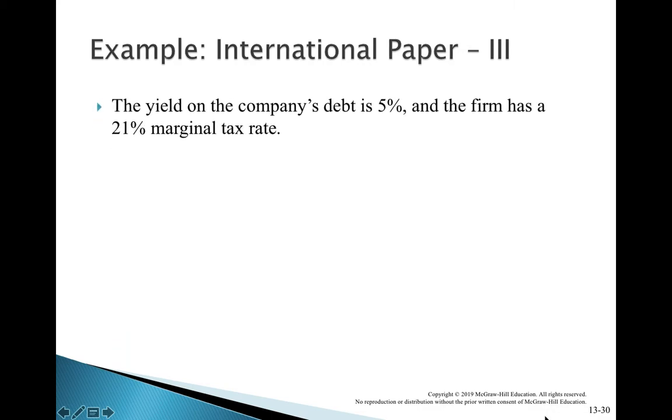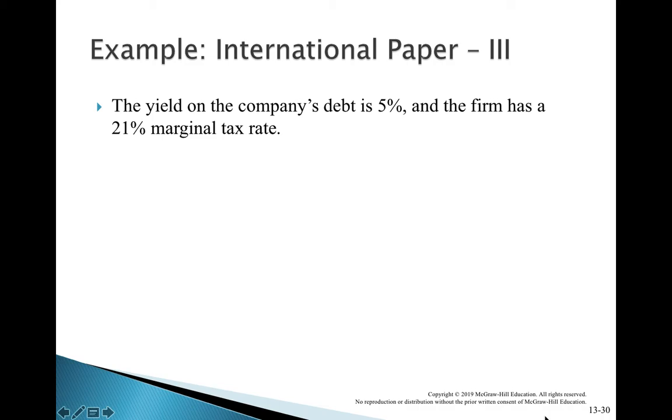Now, cost of debt. The YTM of the existing company's debt is 5%. As we have taken 5%, normally the debt cost remains before tax 5-6%. So here for International Paper, the cost of debt for existing debt is 5%. That is the YTM. And the firm is in the 21% tax bracket.